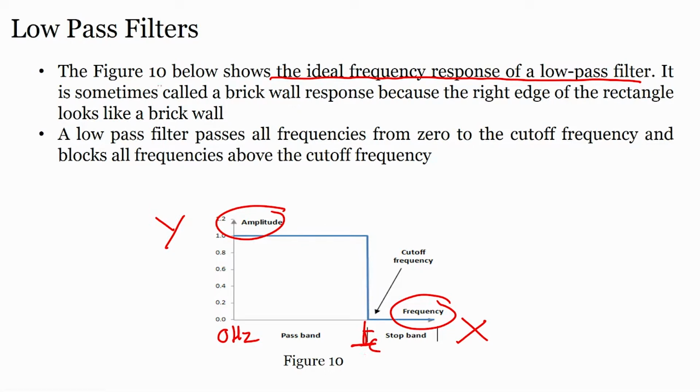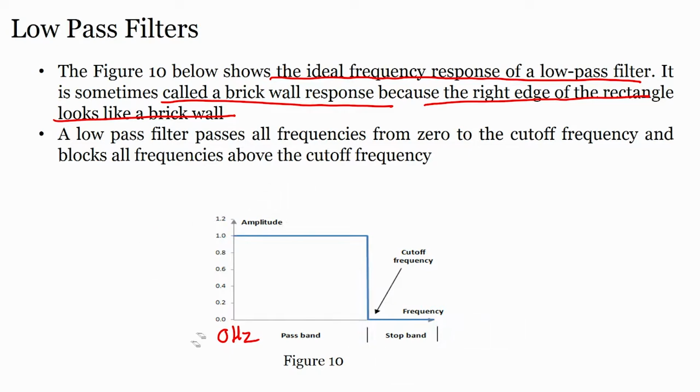So, the figure shows the ideal frequency response of a low pass filter. It is sometimes called a brick wall response because the right edge of the rectangle looks like a brick wall. You all have seen a brick wall, right. Let us do a little bit of study. This looks like a brick, isn't it?